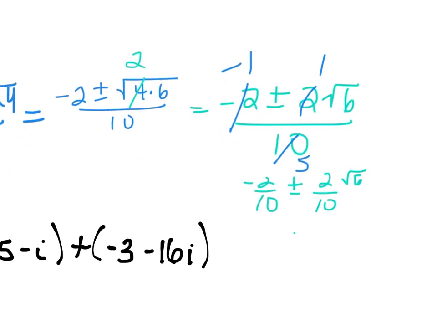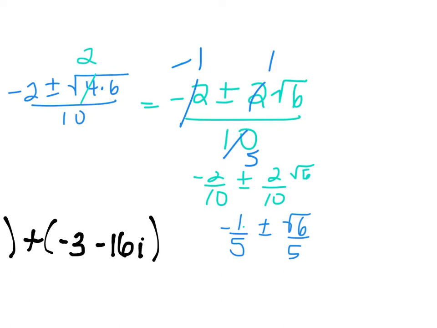If you separate it like this, you might see it a little better that this is 1 over 5 plus root 6 over 5. So you're dividing everything by positive 2? Yeah, don't divide by negative. Just leave the negative where it is. Okay. So this ends up being 1 plus or minus root 6 over 5.